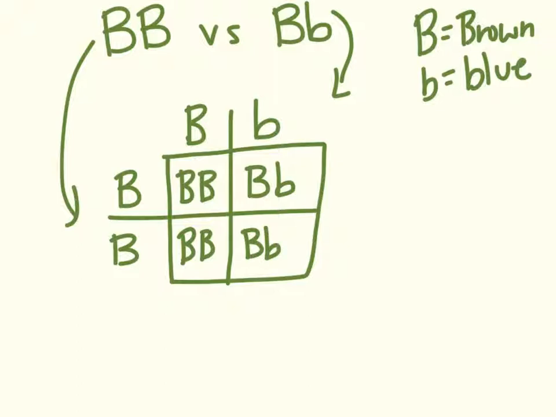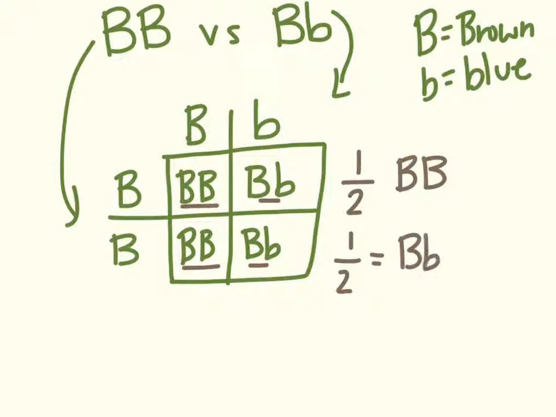If we were to look at the genotypes for this cross, we will find that 1/2 or 2/4 will be homozygous dominant, and 1/2 will be heterozygous.